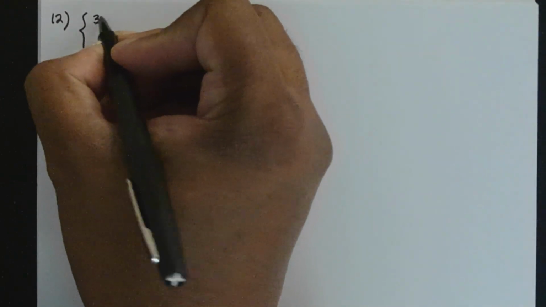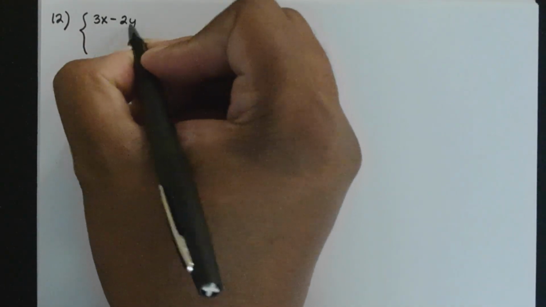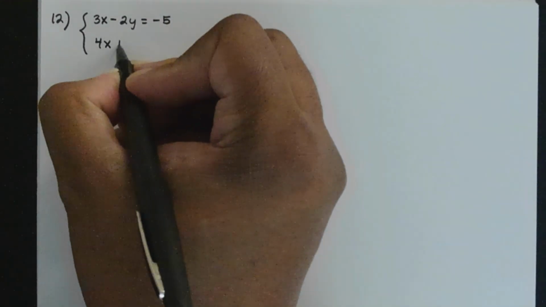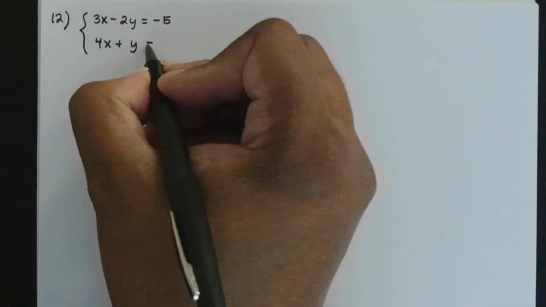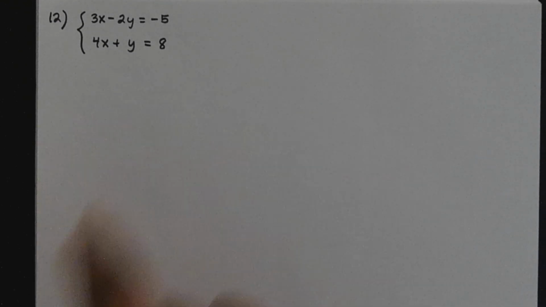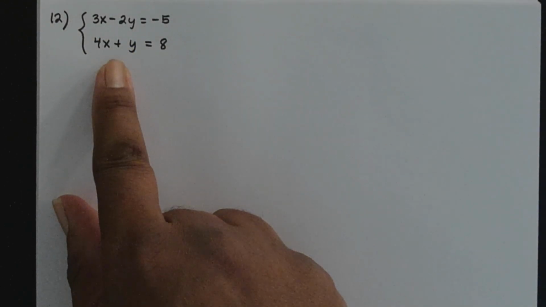So here we got 3x minus 2y equal negative 5, and then 4x plus y is equal to 8. Now, which method do you think would be best to use? Addition. Okay? Let's see if we can add these two equations together. Now, which variable would you think would be best to eliminate, the x or the y? The y, because I got a minus 2y and I got a plus y.